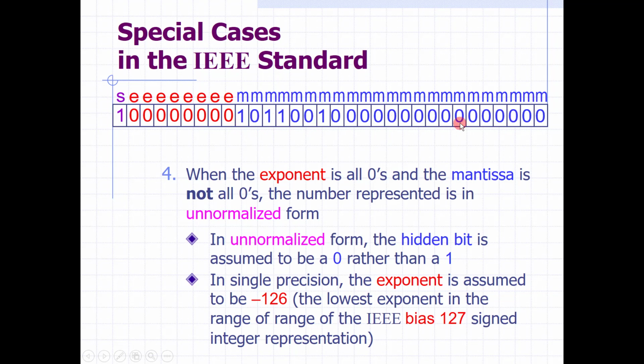If all of the mantissa were 0, then this would have been negative 0. So I'm going to write this as 0 point the mantissa times 2 to the minus 126. So these are sort of weird, in that they have a 0 as the whole part.